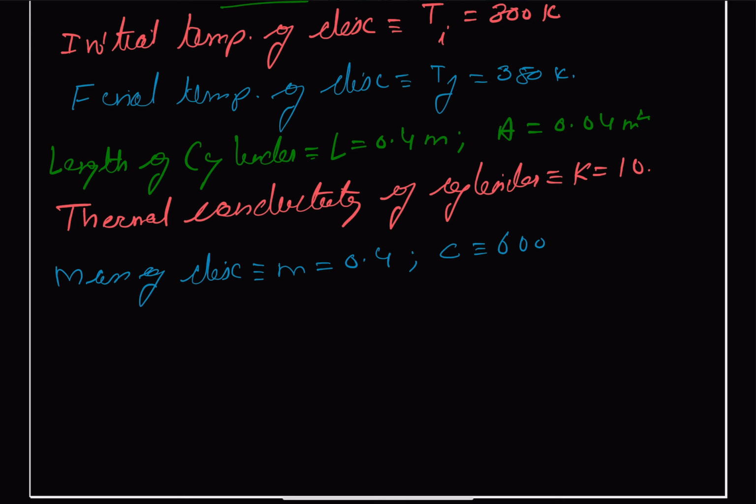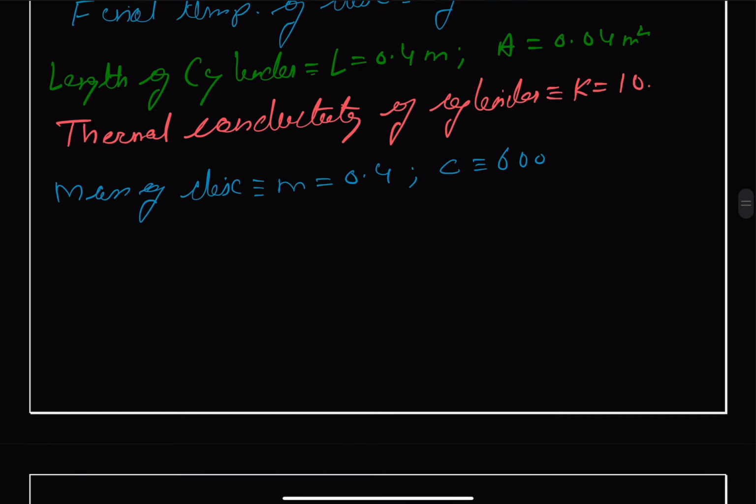So from here we can say that the temperature is uniform, or we can say there is no temperature gradient within the disk. The temperature will be uniformly distributed all around the disk. And it also says that the system is thermally insulated except for the upper face of the cylinder. So which basically means that heat flows from the hot end through the cylinder to the disk. No heat is lost. So this is important here.